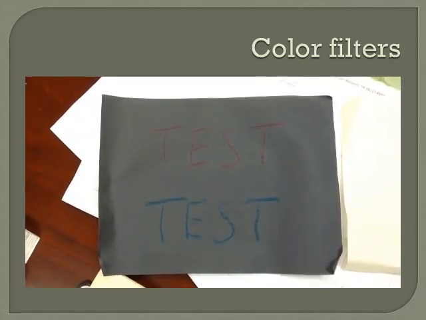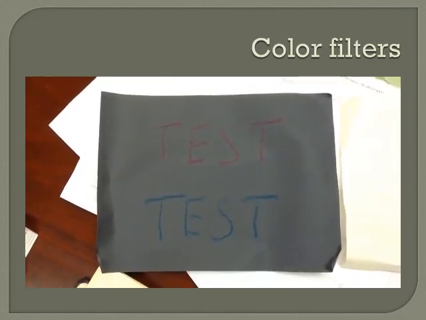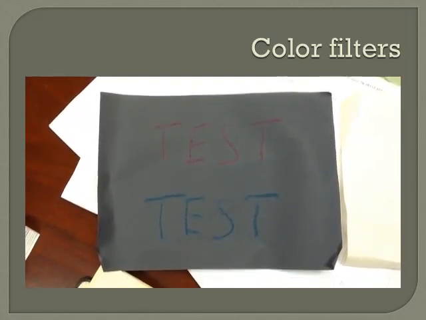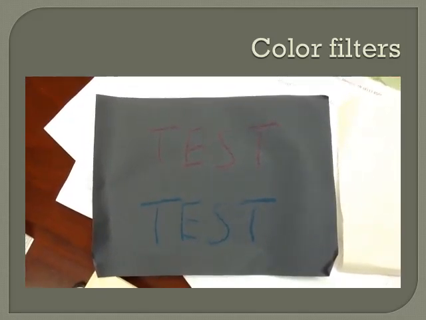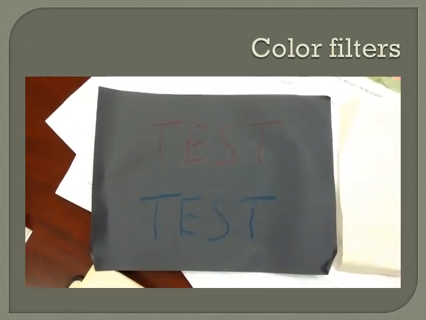Notice the red light is being reflected off of those crayon areas and bouncing back into the camera or into our eyes. And for the blue area, again, it's being illuminated with white light, all the different colors. Most of them are being absorbed with the exception of blue being sent in the direction of the camera.